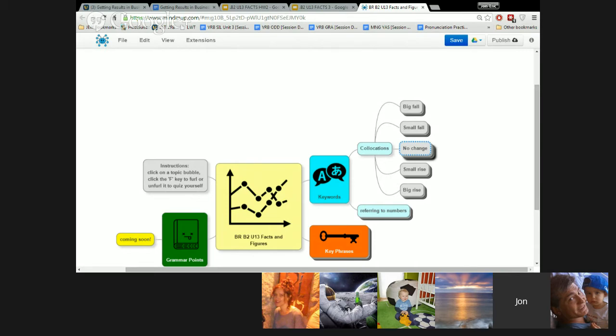So standard. Don't remember. No one remembers. Okay, let's take a look. The only one we had in the material was to level off. To level off, to go flat.